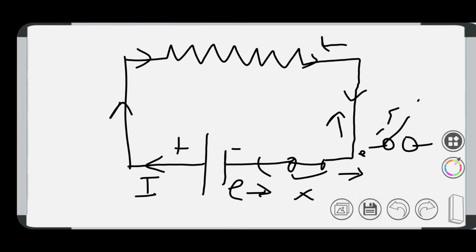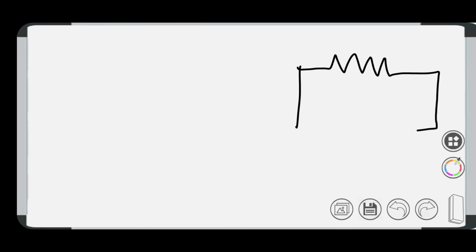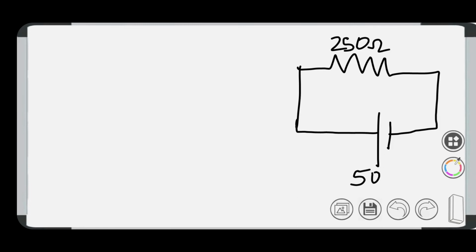Heading towards the question, we have been given that the resistance of the circuit is 250 ohm. Sorry for this 0, it seems like I have written 6. And the voltage or potential difference of the circuit is 500 volt. We have to find the current flowing through this. Okay, I will draw this circuit again in a small way, and it is done.